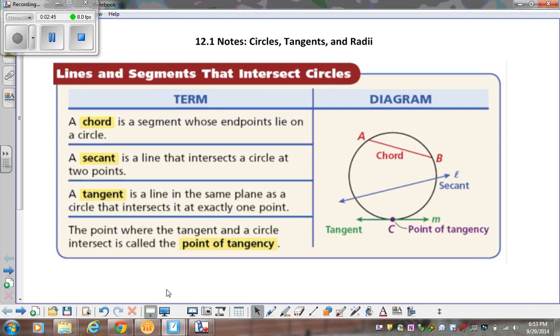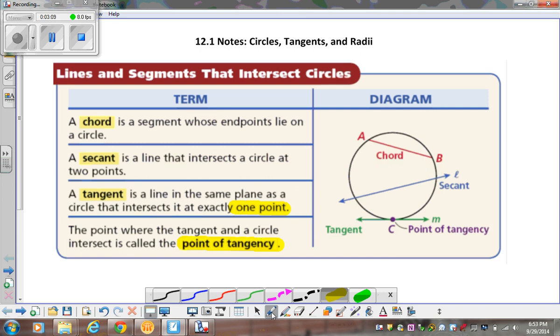But the key with a tangent is that it only touches the circle one time, at one point. The point where it intersects the circle is called the point of tangency. It's already highlighted there for you, but just to reiterate, a tangent hits the circle one time, at the point of tangency.